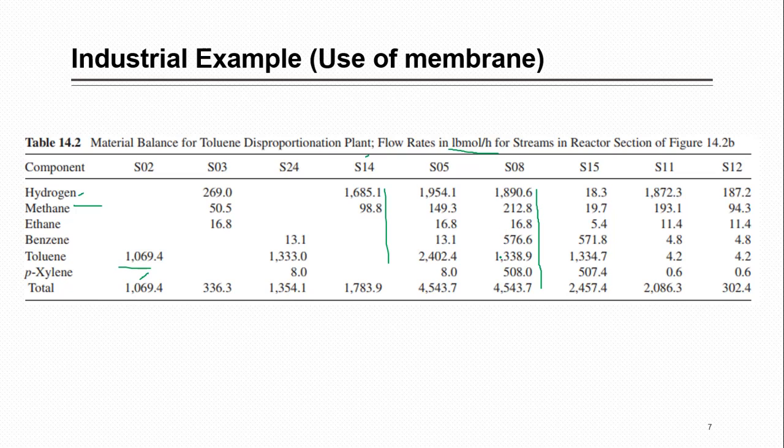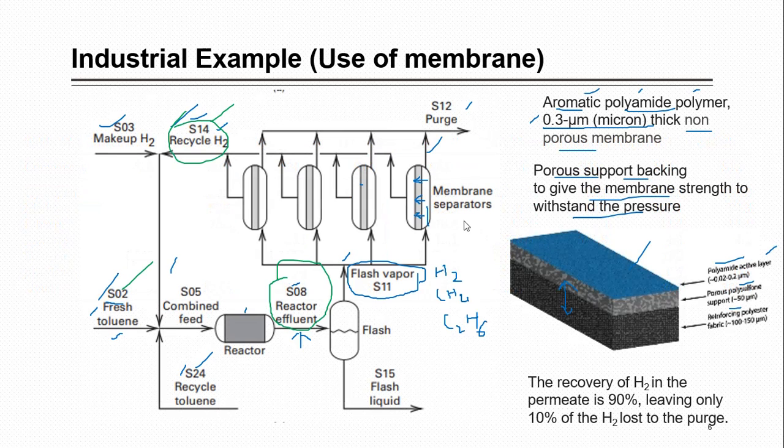So this is all about this system, in which your purpose was to produce benzene and xylene from toluene, but you introduce hydrogen, and then later there was a need to separate hydrogen from methane. If you remember the point where I started this lecture, inside this plant in which production of benzene takes place from toluene, there is some point where you have to separate hydrogen from methane.